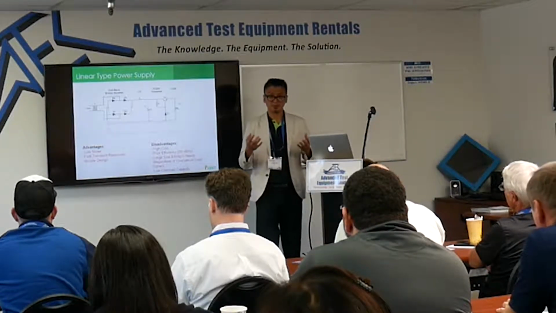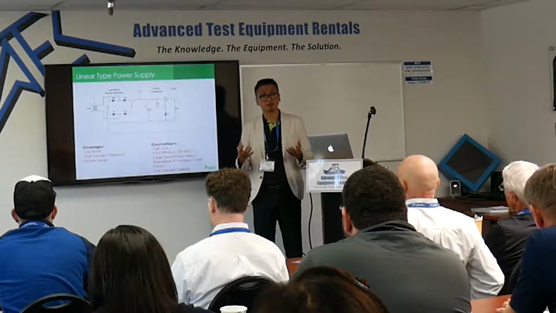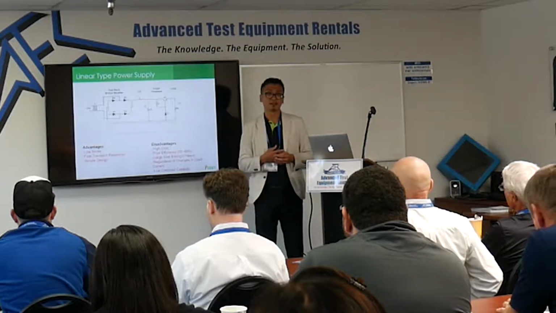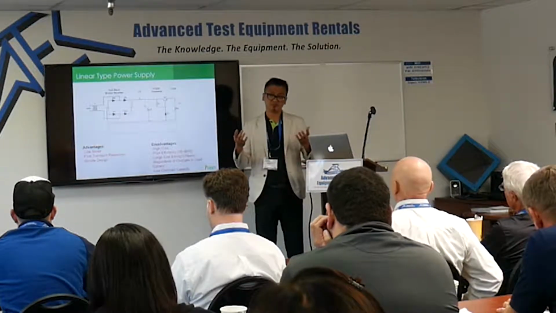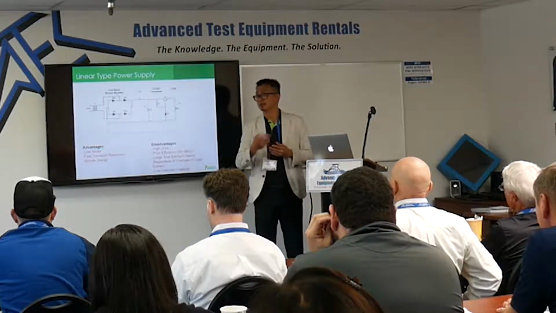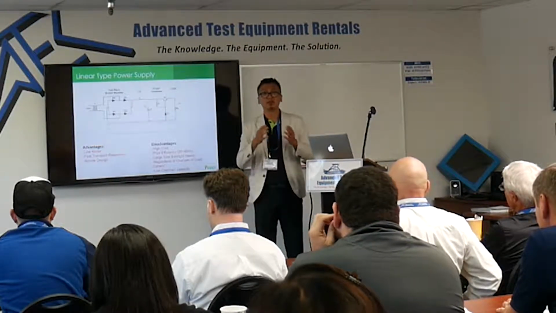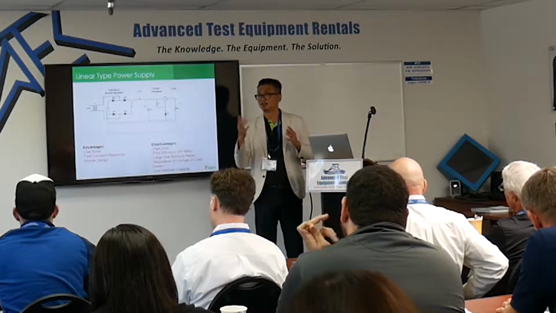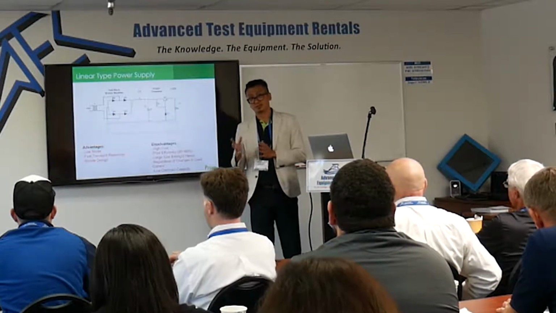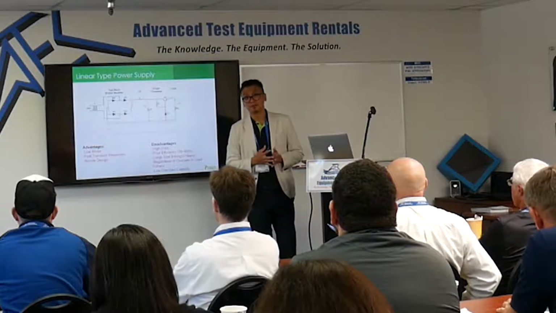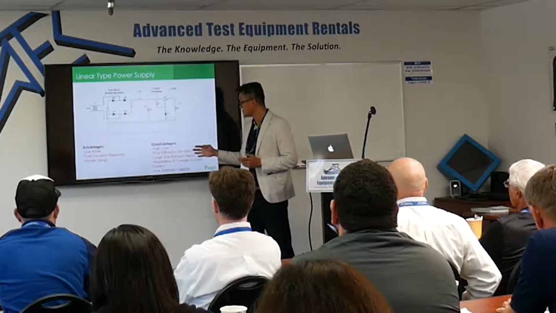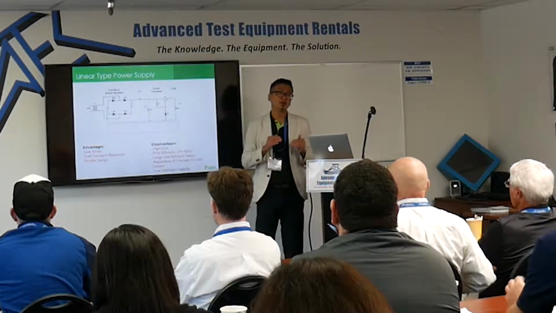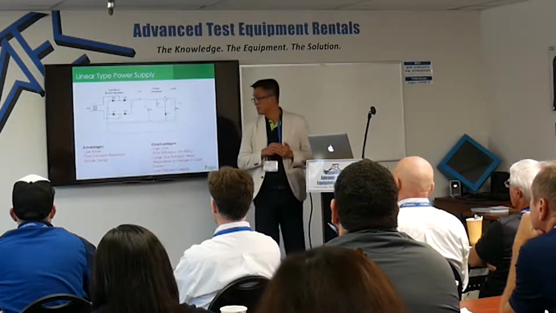So when you purchase the linear power supply from all the manufacturers, like Kikusui or even Pacific Power, they have linear, and they have a switching type. The linear one is usually more expensive than the switching type, but efficiency is a little bit lower than the switching type.